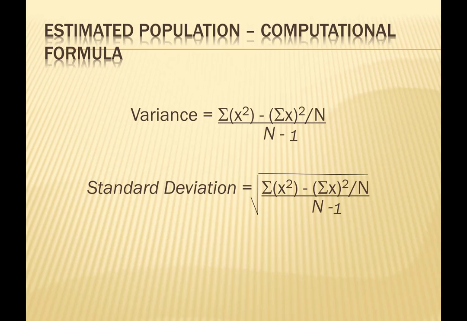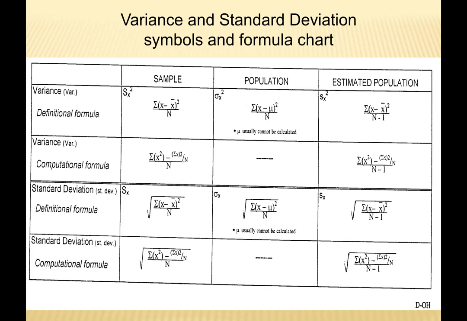And we know that the computational formula is a lot easier. And it does the same thing. Whatever the formula is, we just add minus 1 to the bottom to get the variance or standard deviation of the estimated population. Everything else remains the same.